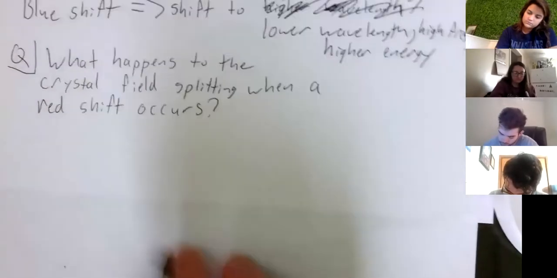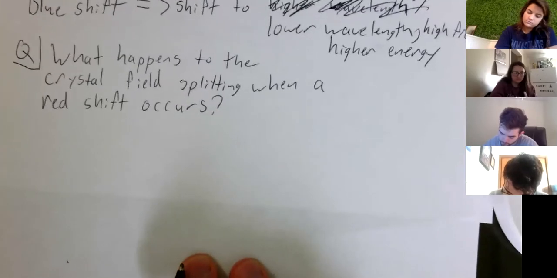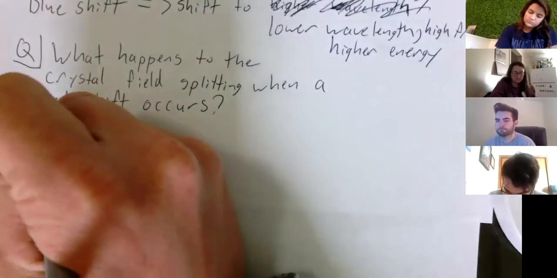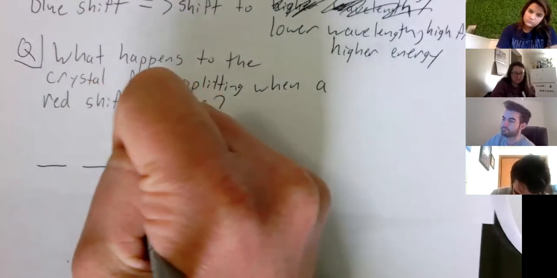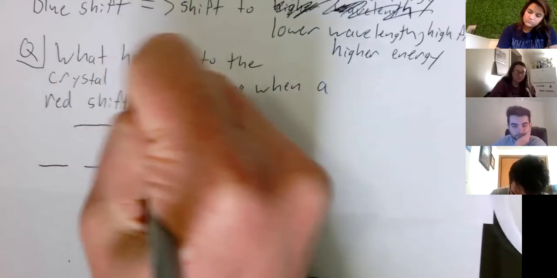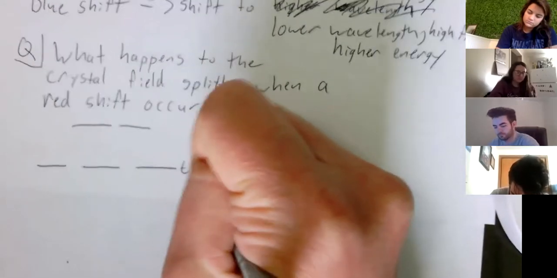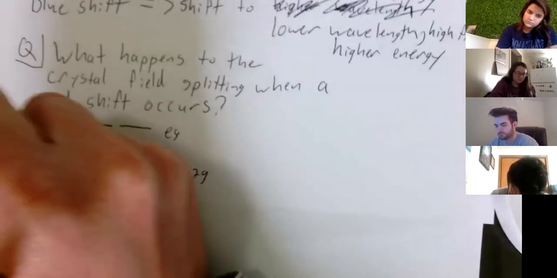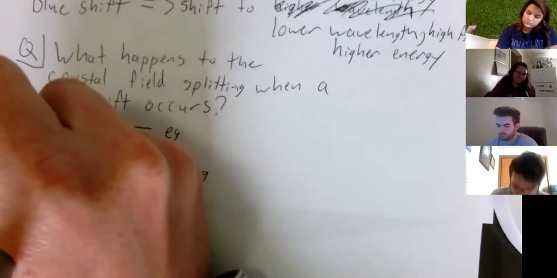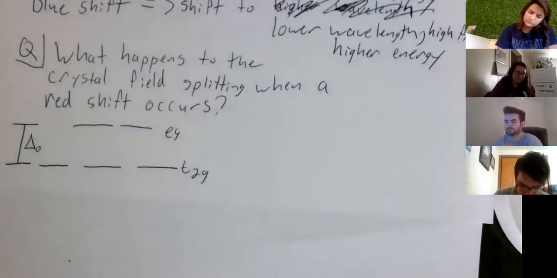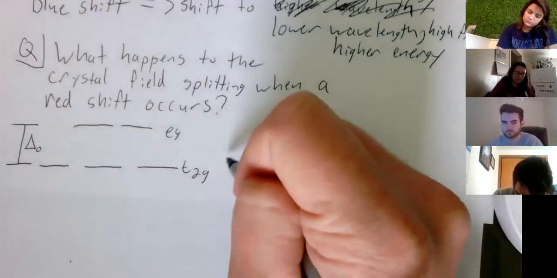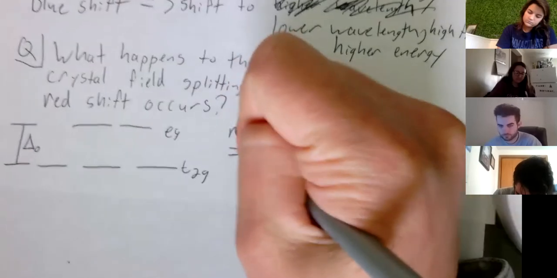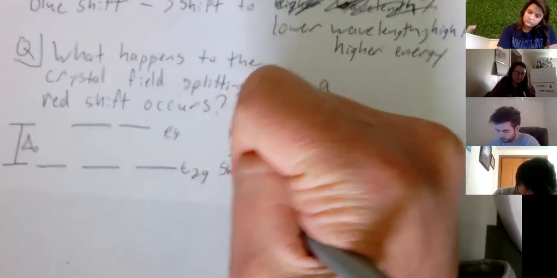Okay, so we're going to assume we have an octahedral complex again. We undergo a redshift.